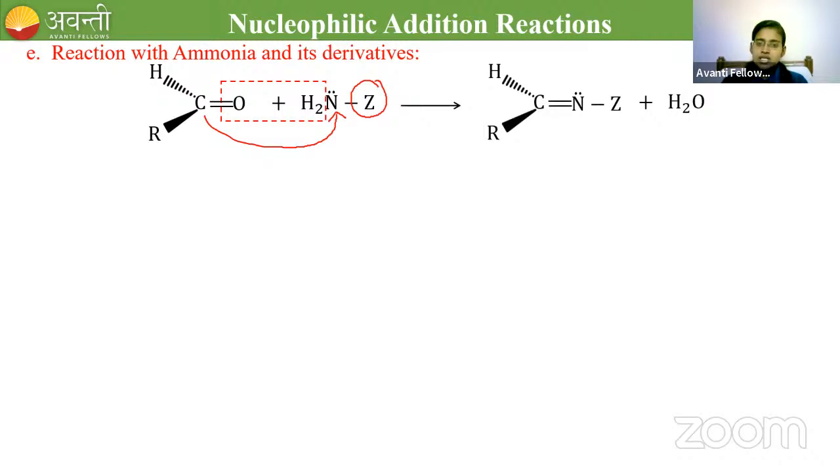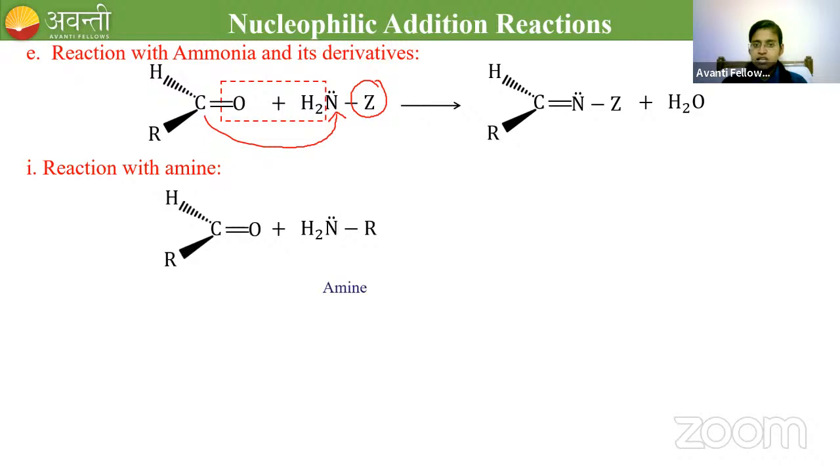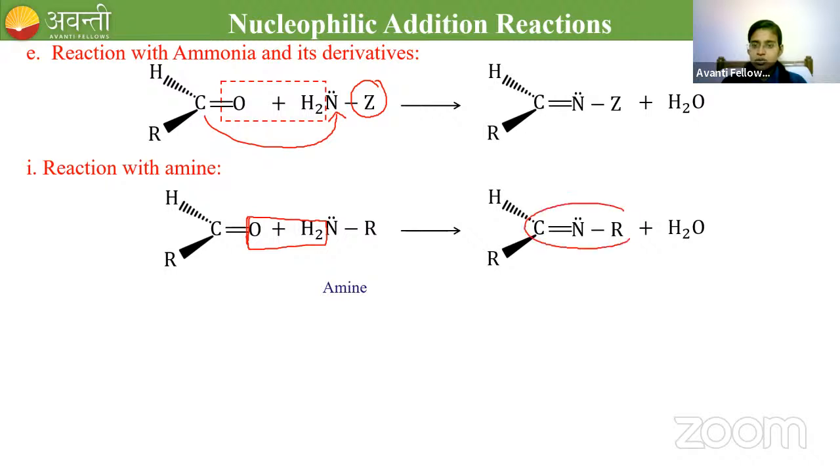Now let's go ahead with the variations of this Z. What will be the product if the Z is R? If the Z is R, then the compound is called an amine. RNH2 is called an amine. If you remove the water molecule, what will you get? You'll get C double bond N R. R means you all know, right? What is R?